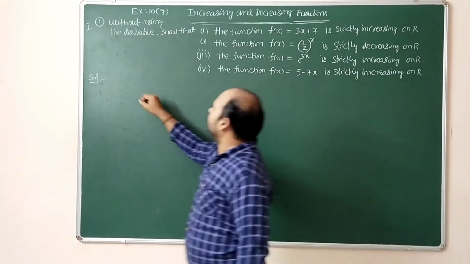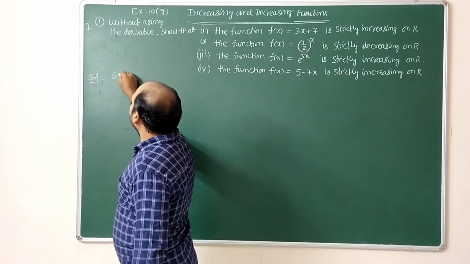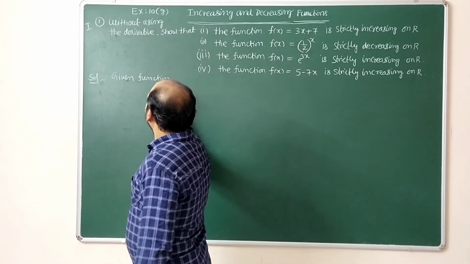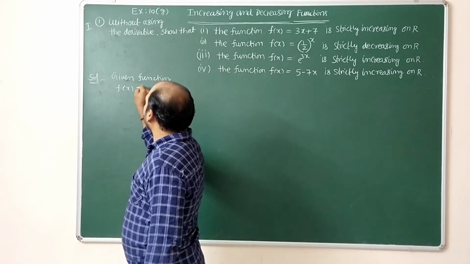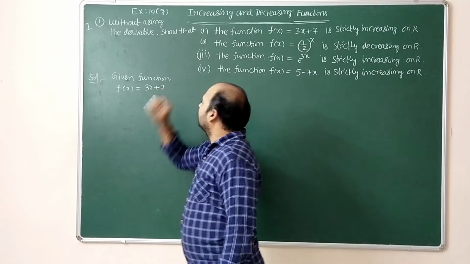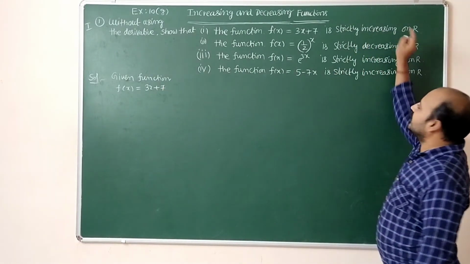Consider the first question. Given function f of x is equal to 3x plus 7. They are asking to prove strictly increasing.